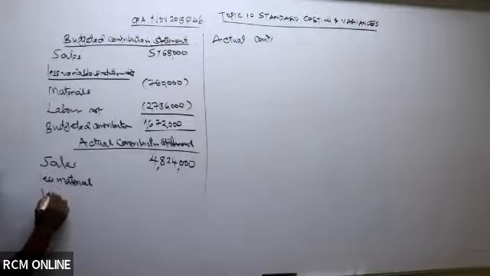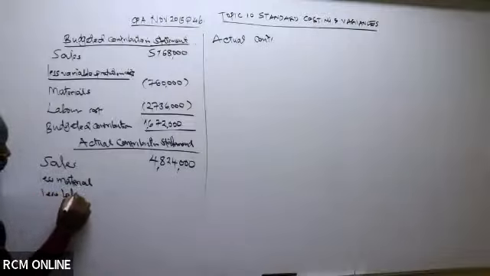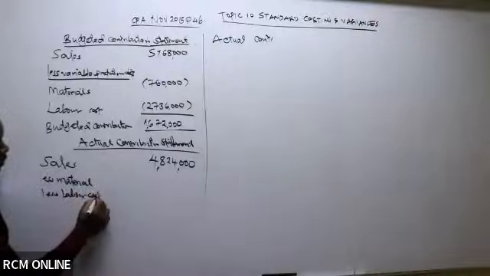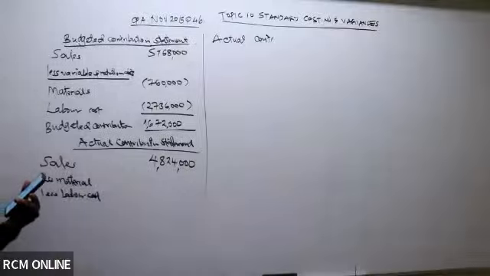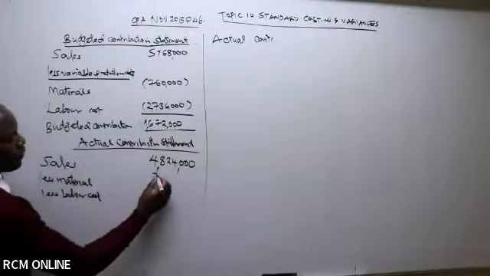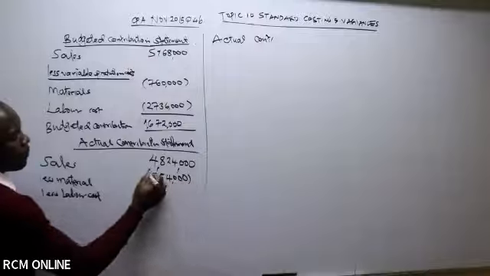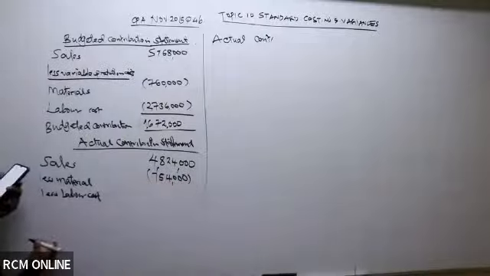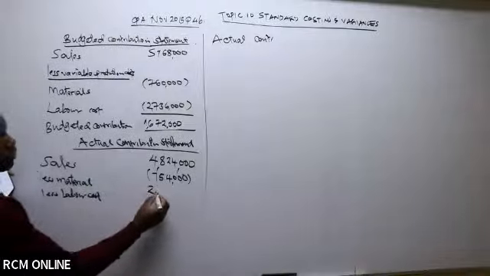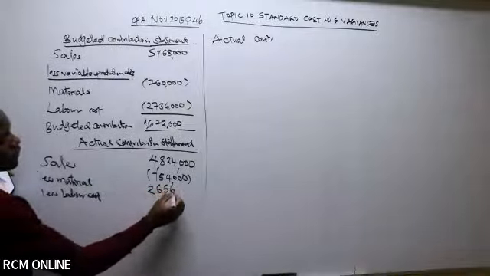Then of course, less labor cost. So the actual material cost as per this question, 754. Actual labor cost as per this, 2,656.